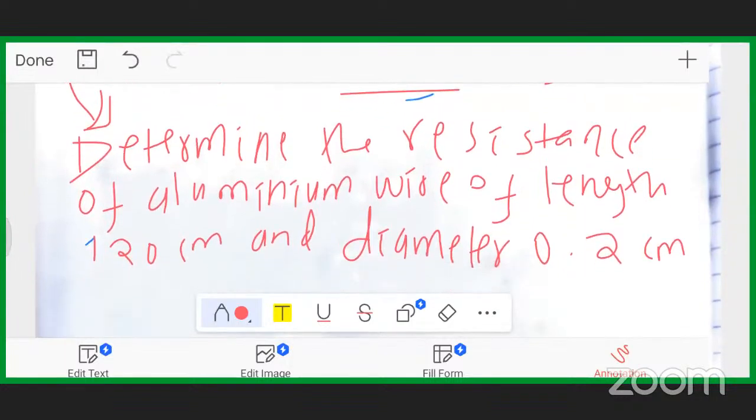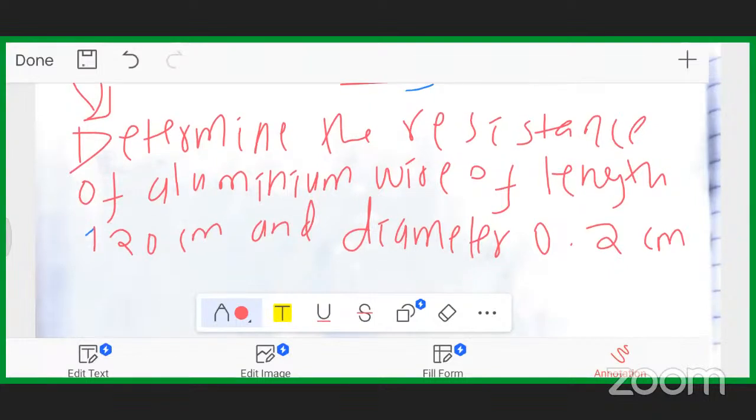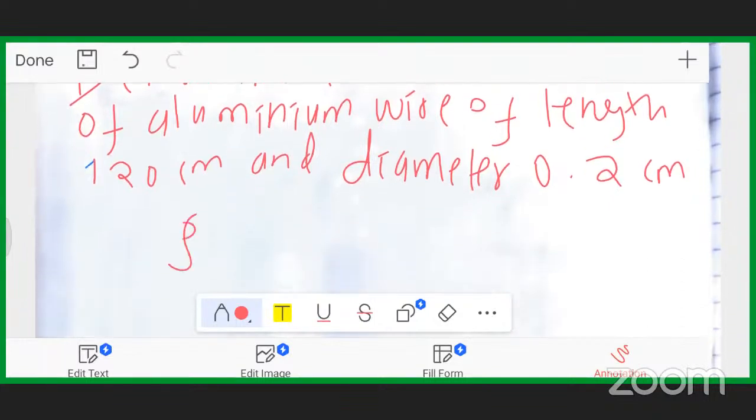So you can try out that. Determine the resistance of aluminium wire of length 120 centimeters and diameter 0.2 centimeters, assuming that the wire is cylindrical. I'm waiting for your responses. The resistivity of aluminium is 2.8 times 10 raised to negative 8 ohm meter.